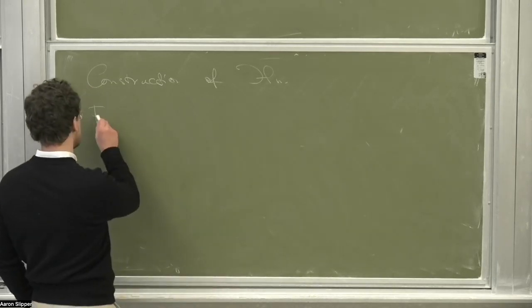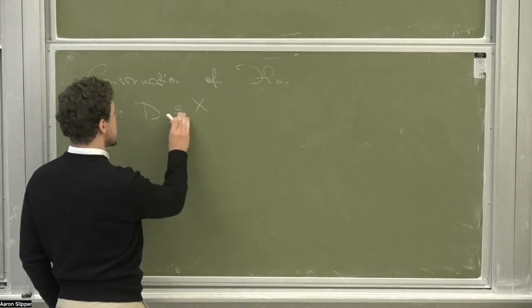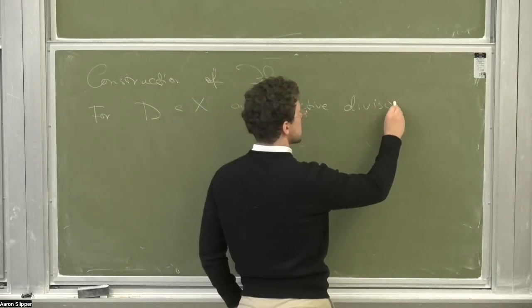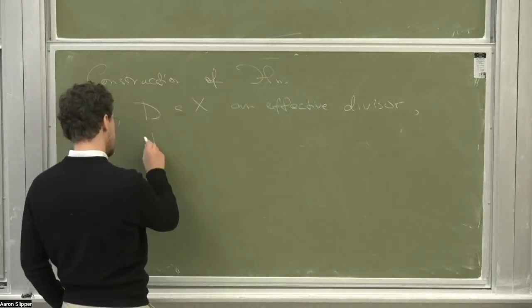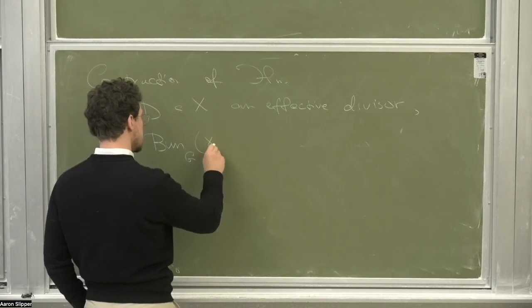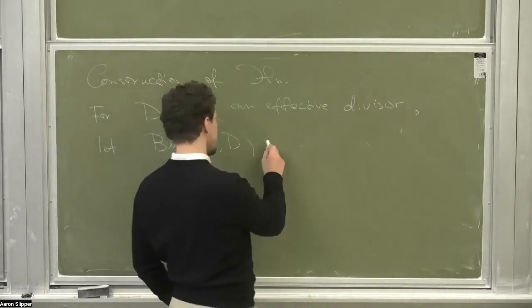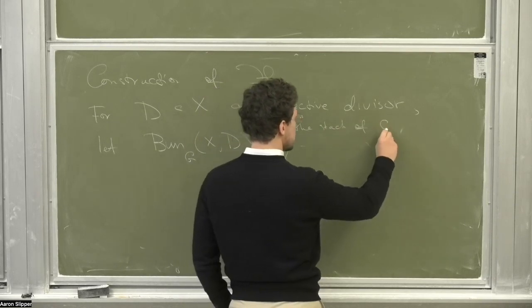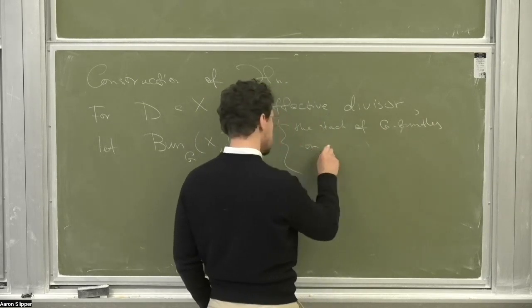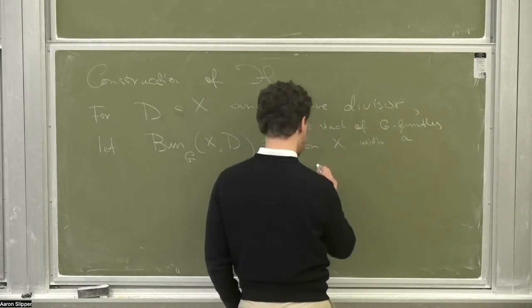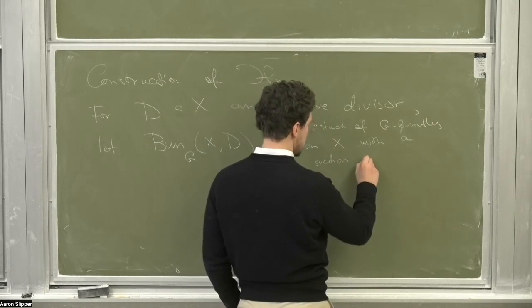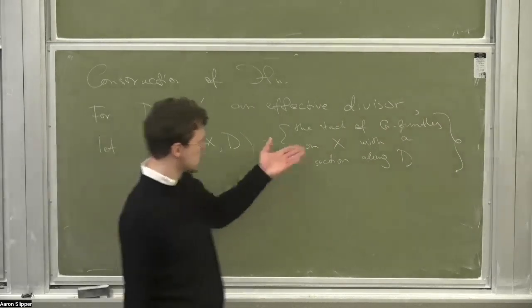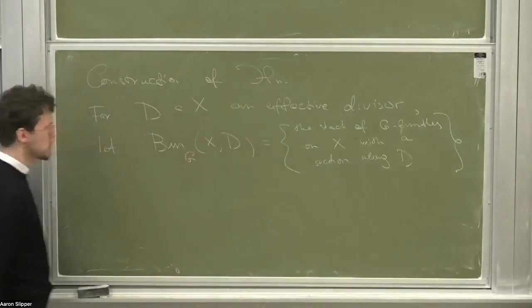For G on X and D the divisor, define the big stack of G bundles, with a section along D. It's called the level structure along D. So I have a G bundle on X and I can look back to my divisor and I want to have a section.